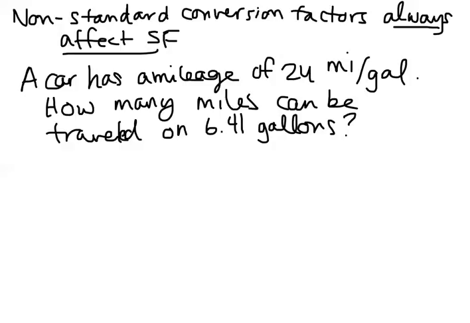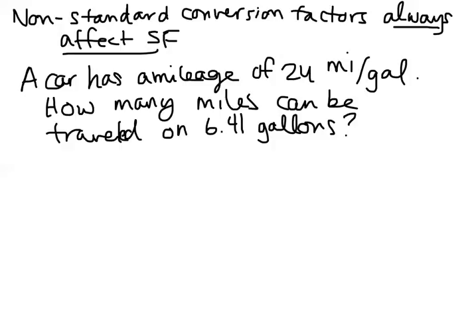When you're given an amount, that's what you want to start with. You don't want to start with the conversion factor. What's the conversion factor I give you in this problem? 24 miles per gallon. So what's the amount I give you? 6.41.